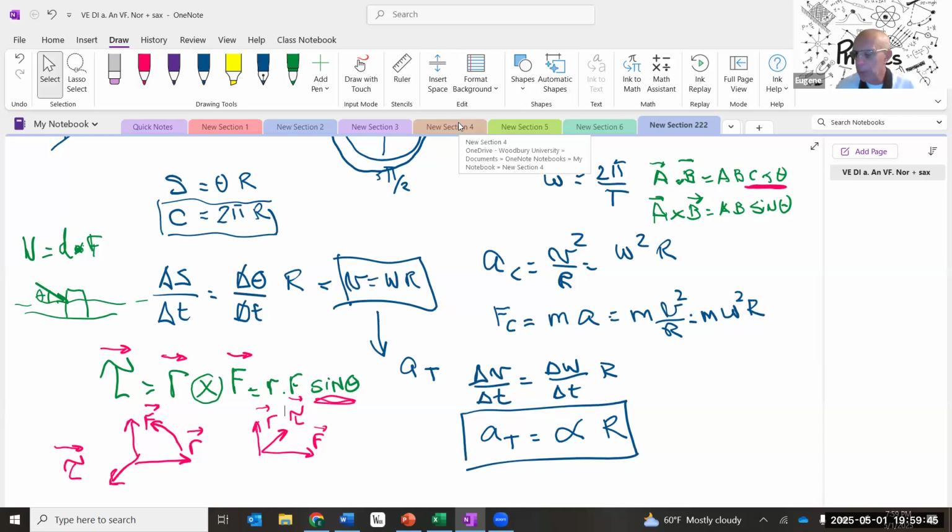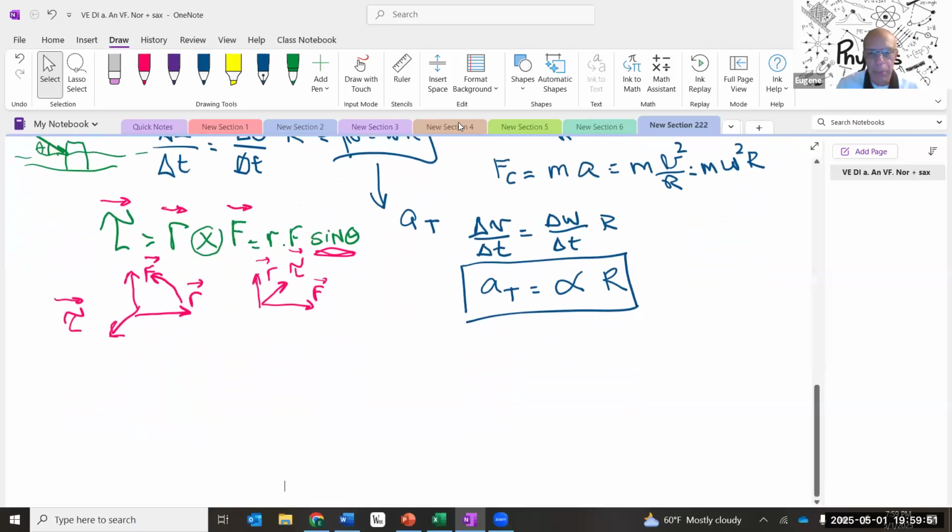So let's talk a little bit about, I didn't cover that part, the kinetic energy, the work energy theorem. The work energy theorem is that work done is equal to the difference in kinetic energy.